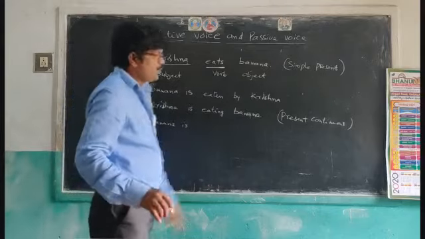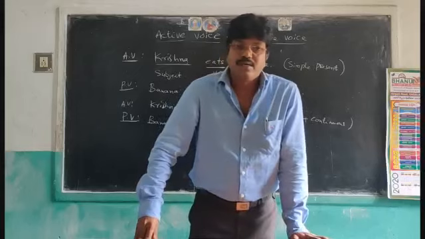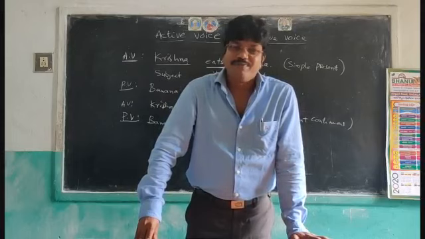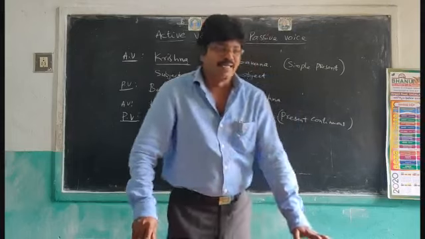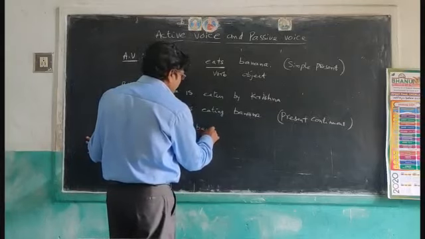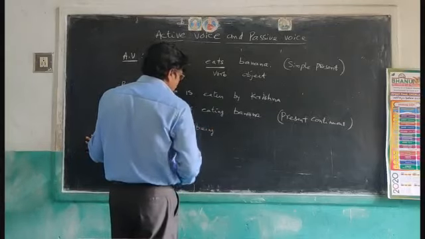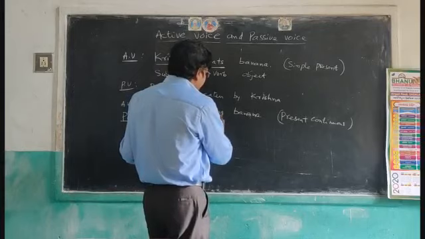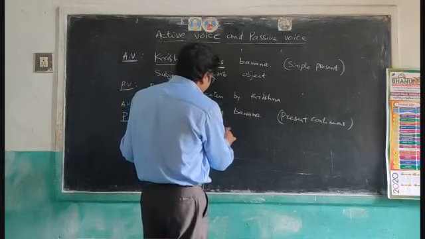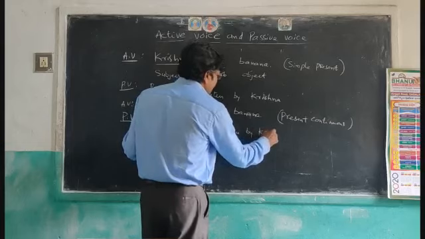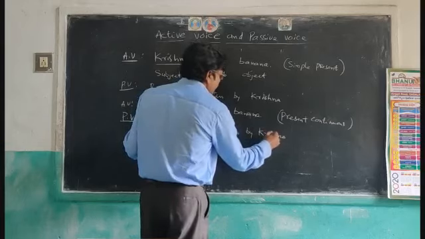In continuous tense, which be form shall we use? We use being. Banana is being, B-E-I-N-G. Again we use the verb V3: banana is being eaten by Krishna.